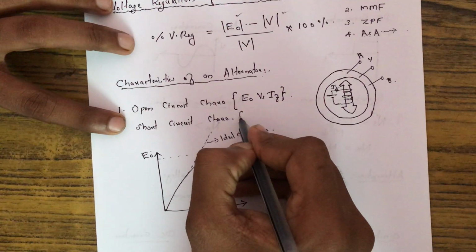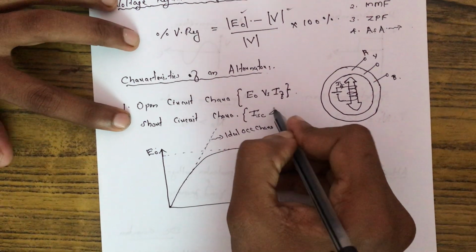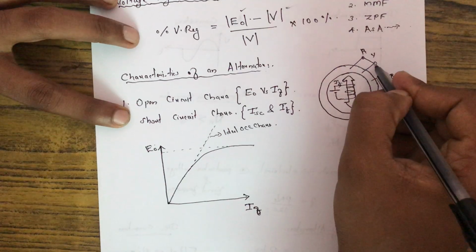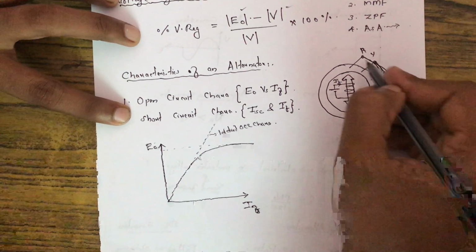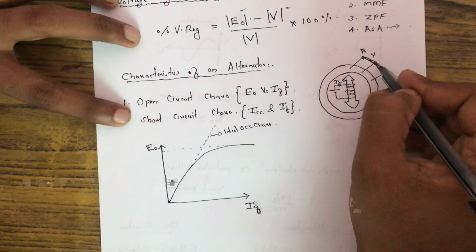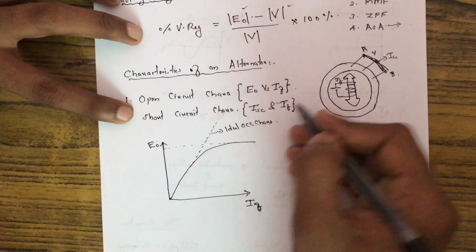The short circuit curve is the curve plotted between the short circuit current ISC and the field current IF. The condition is that we have to short circuit the output terminal, and we have to measure the armature current, which is the short circuit current, with the field.